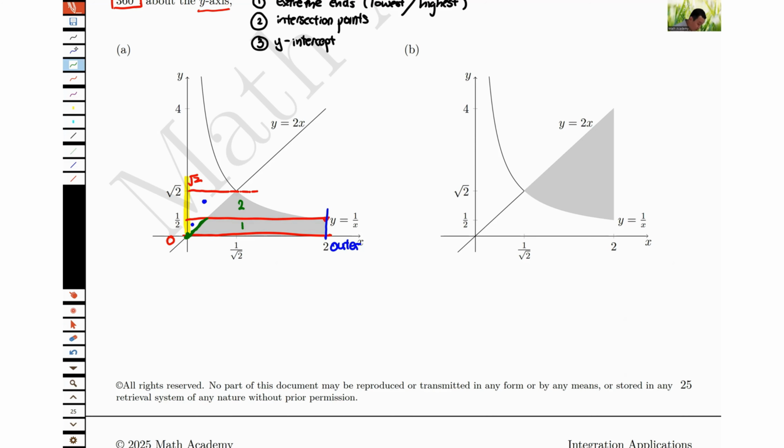My outer curve is regarded as x equals 2. It's a vertical line, x equals 2. This is the inner curve, and we make x the subject first. You will get y over 2.